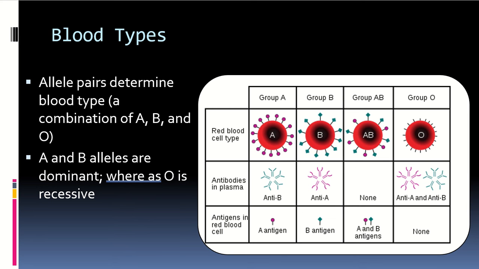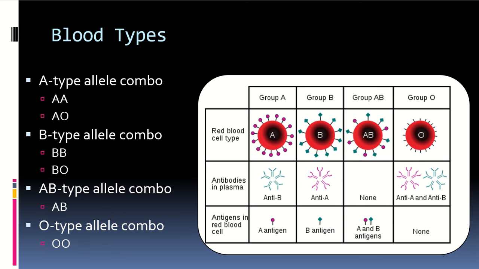If there is an A allele or a B allele, they are dominant, therefore they will show their traits. You would have A blood type or B blood type, even if you inherit a B allele and an O allele from one parent and the other parent. Dominant alleles, they will always show up. Let's get to the next slide.